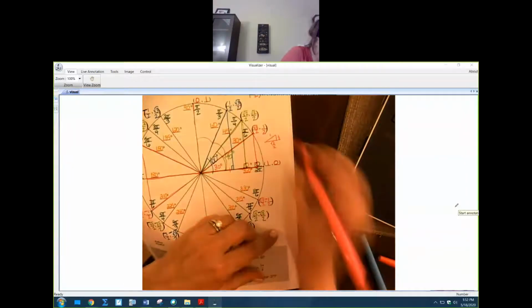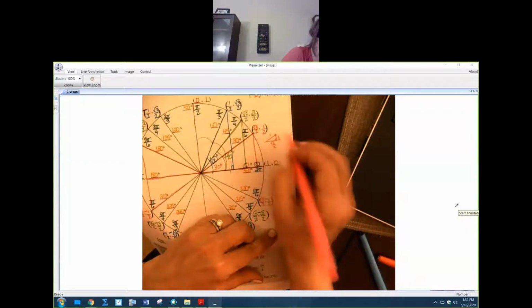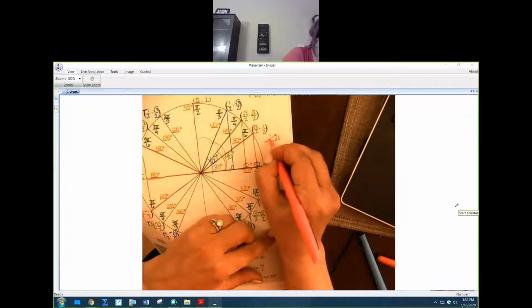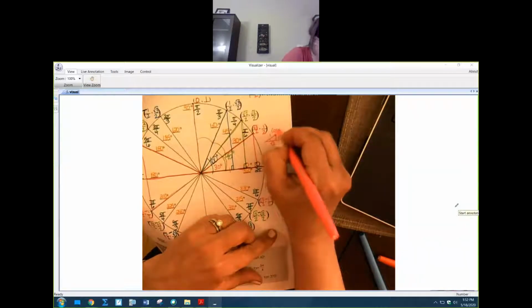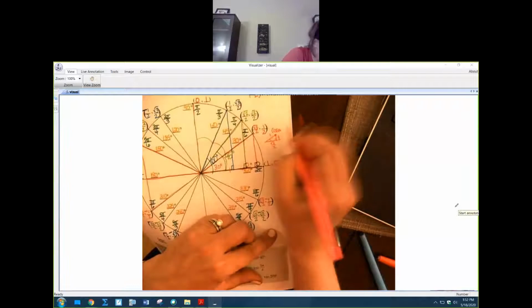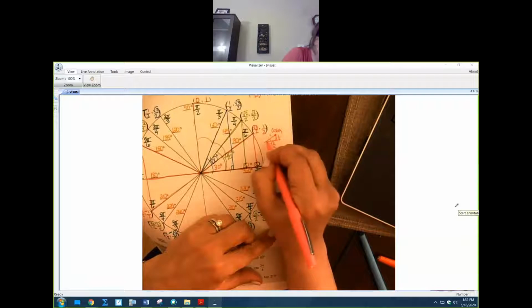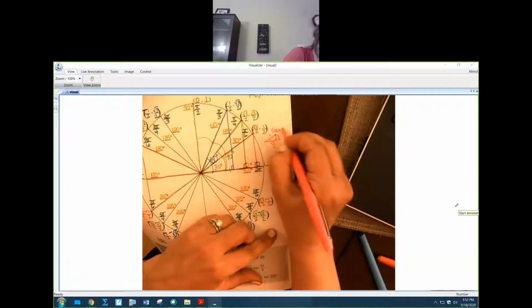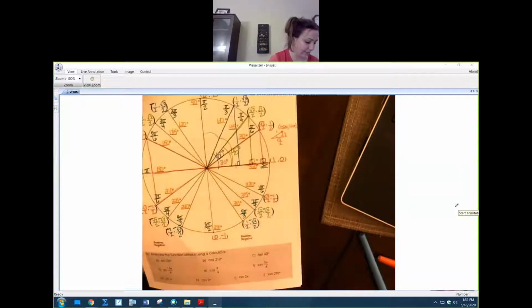To get this point, which we said was root 3 over 2, we took the adjacent over the hypotenuse, which is the cosine theta. We said that the y coordinate was 1/2. Notice that the 1/2 is the opposite over the hypotenuse. So the y coordinate is always your sine theta. And so that's how we can evaluate this with the unit circle.